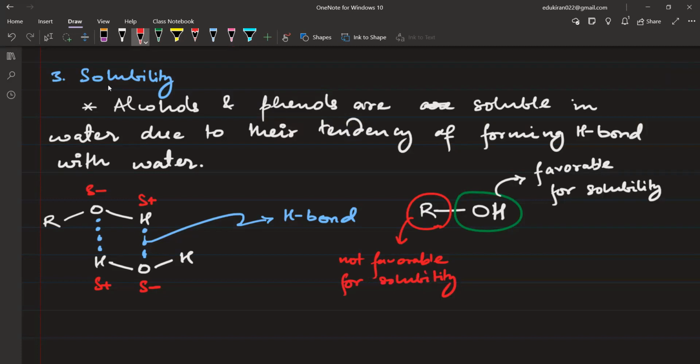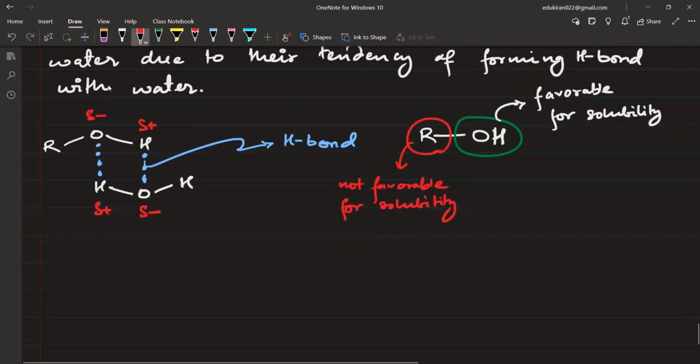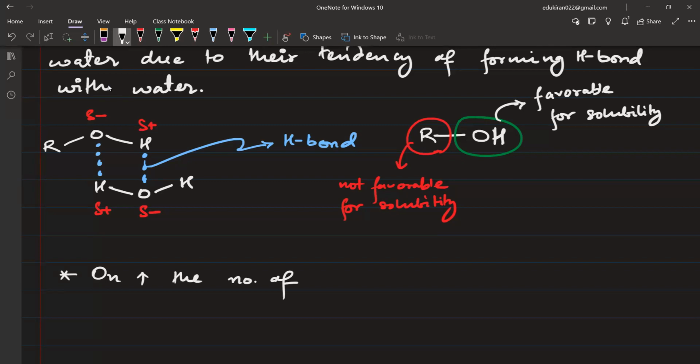And if you are going to increase the not favorable part, then the solubility will decrease or increase? Tell me, guys. If I increase the alkyl group, then the not favorable part will increase and the solubility will? Decrease. Solubility will decrease, right? So please write. On increasing the number of carbon atoms in alkyl group of alcohol.